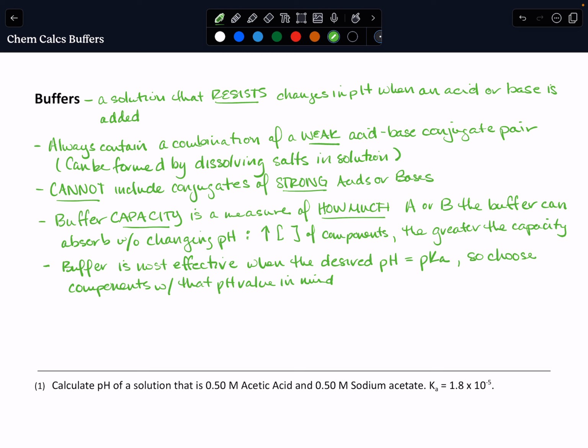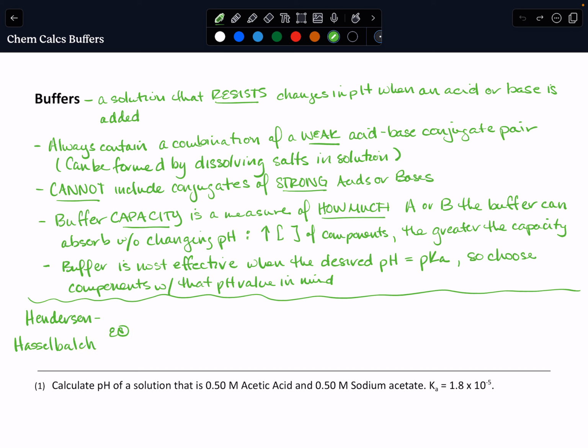All right, now, how do we calculate the pH of a buffer system? All right, because we've got acid and base present, so it can be a little tricky. Well, lucky for us, we have a formula. It's called the Henderson-Hasselbalch Equation. I actually love this equation.